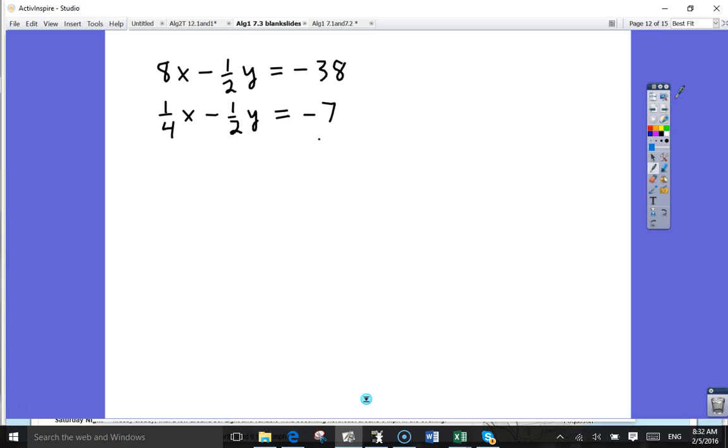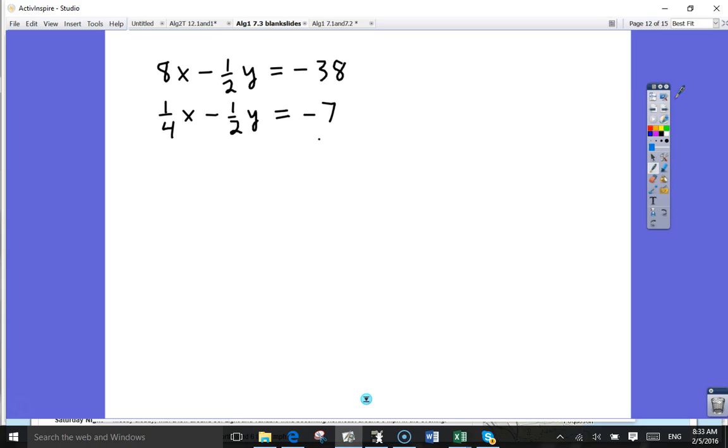If I do that, now they're not opposites anymore, or they're not the same. So it's more like something that we would do once we get to the next lesson, when we actually multiply by different things. But there's nothing that would stop you from subtracting this, because these are equal. You could just say 8x minus 1/4 x, and that'd be 7 3/4 x.